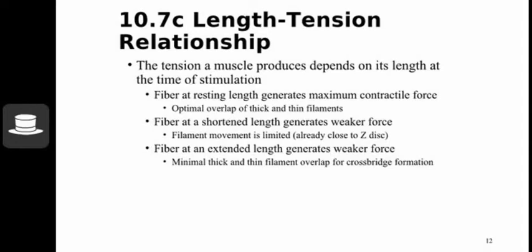And then if the muscle is elongated, if it's been stretched out, then the actin and the myosin fibers don't have very much overlap. And so there's not many myosin heads that can engage with the actin. And so there's just not a lot of tension that can be had. On the other hand, if the fibers are really short, you can generate more tension, but the movement is limited. And so it's hard to do a contraction.